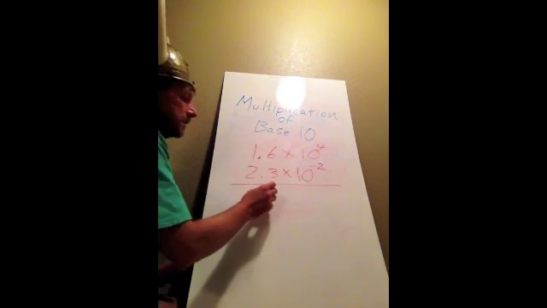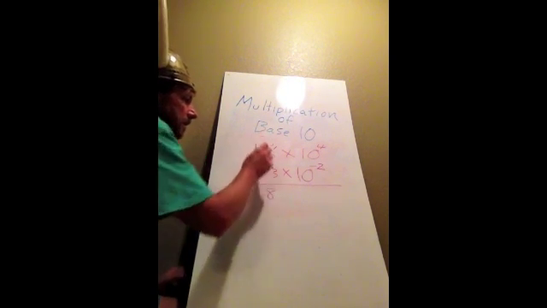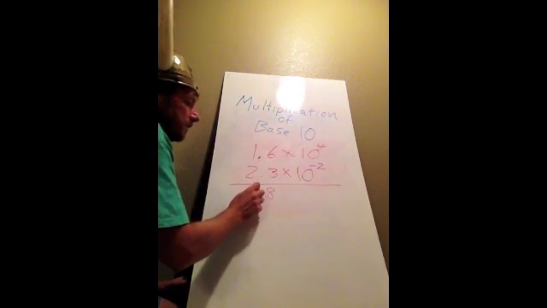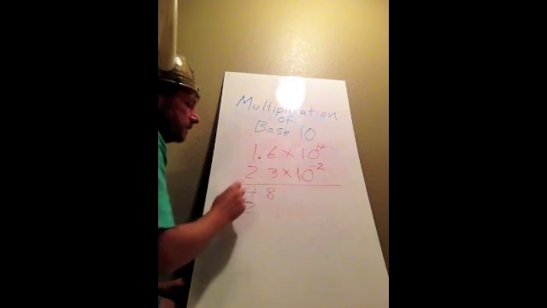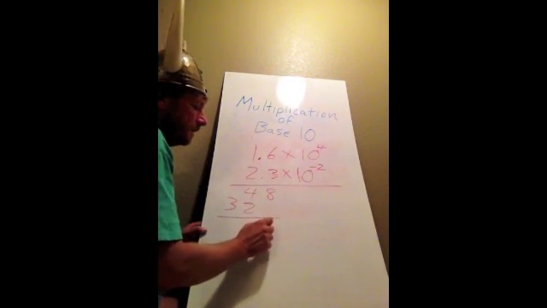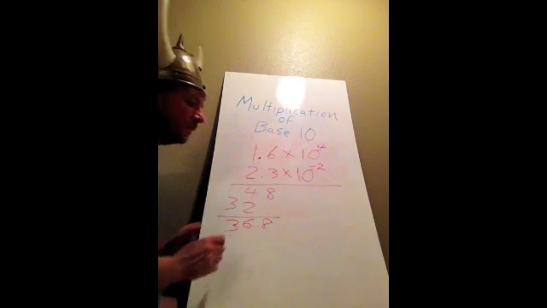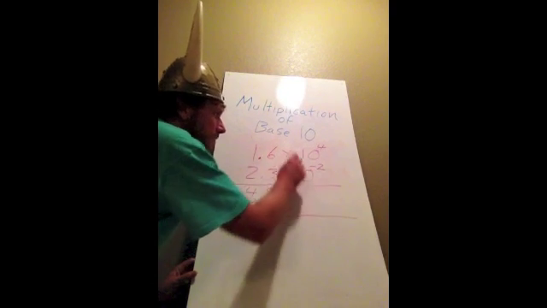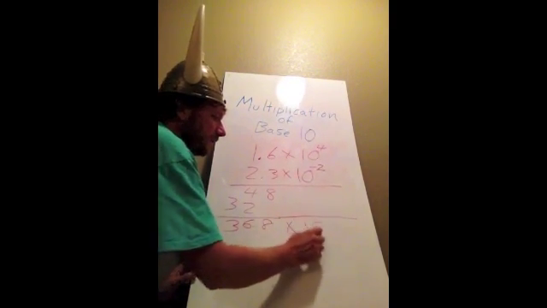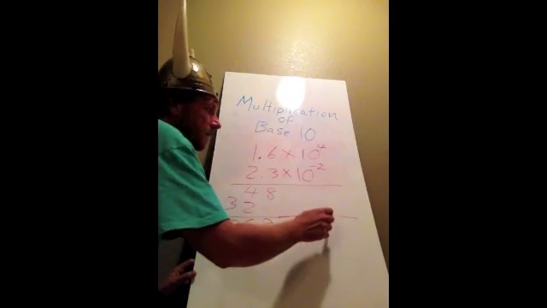3 times 6 is 18. Carry the 1. 3 times 1 is 3. Add 1 is 4. 2 times 6 is 12. Carry the 1. 2 times 1 is 2. 3. 6. 8. 3. Who needs a calculator? Bring this down. 10. 2 plus 4 is 6.